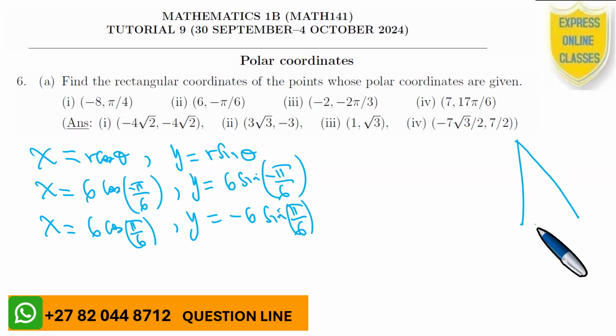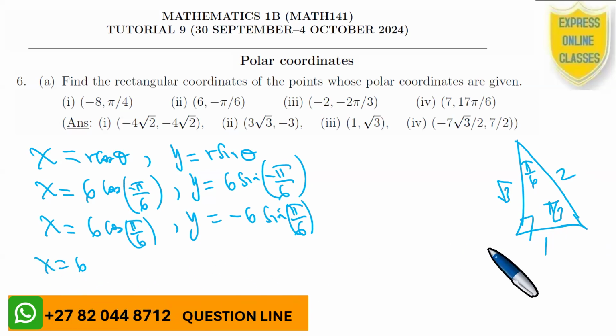But pi over 6, then pi over 3: 2, square root of 3, 1. Cosine is what? SOHCAHTOA. The cosine becomes adjacent over hypotenuse.